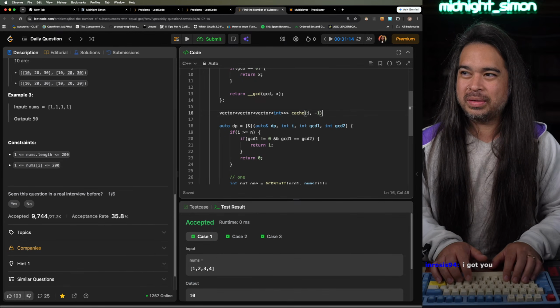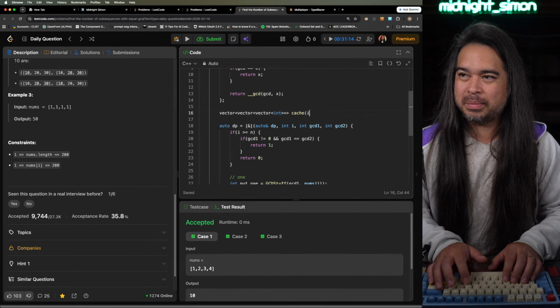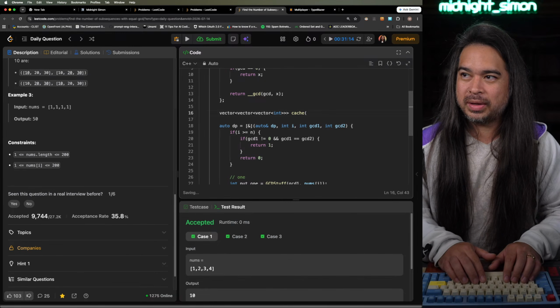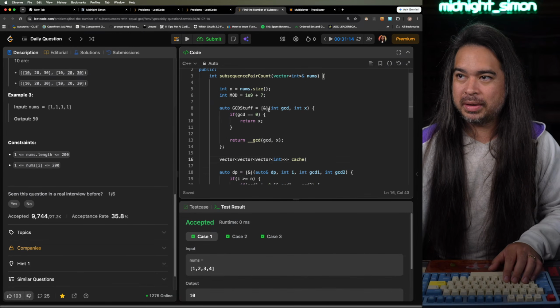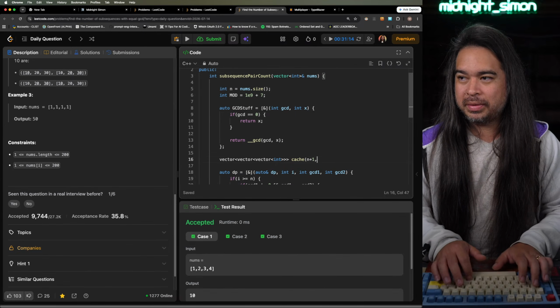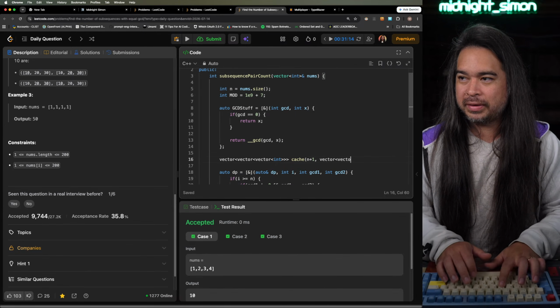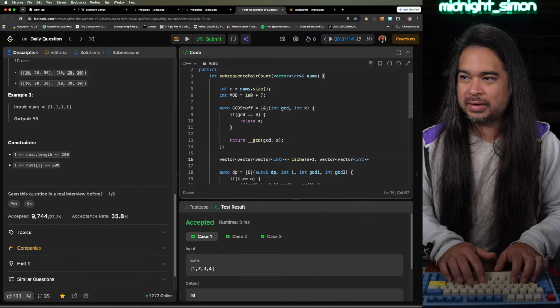Like, can you just do that? Or no, you gotta type a bunch of stuff. I'll just do it how I usually do it, man. I usually give it +1 for good luck. Vector, vector, int.